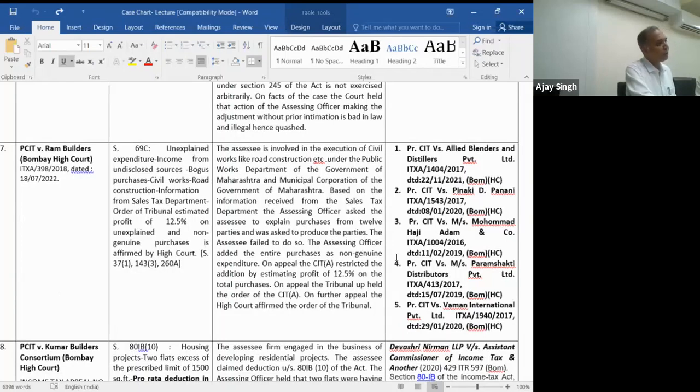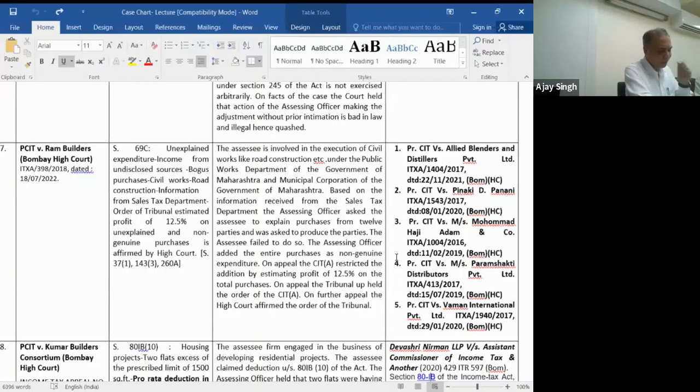has once again gone into detail on the facts of this case, and after relying on various prior decisions of the Bombay High Court as well as the Gujarat High Court, observed that the assessee has given all the details in regard to consumption of its material.